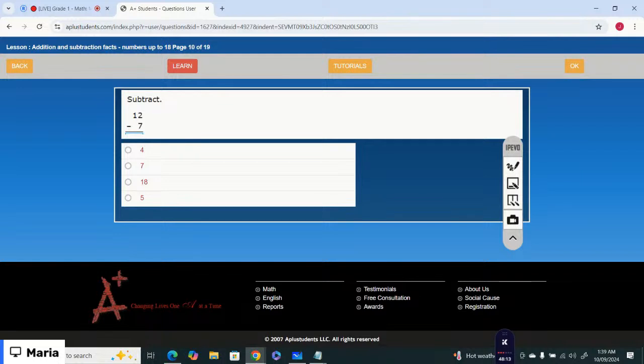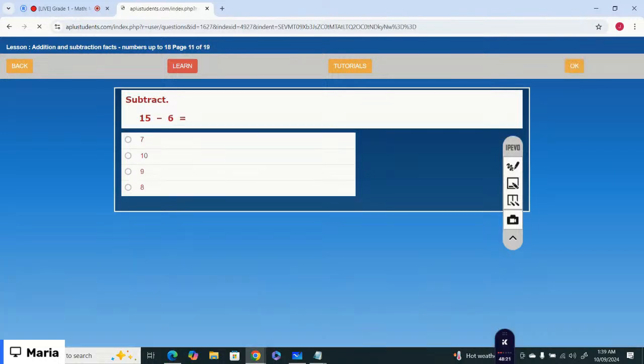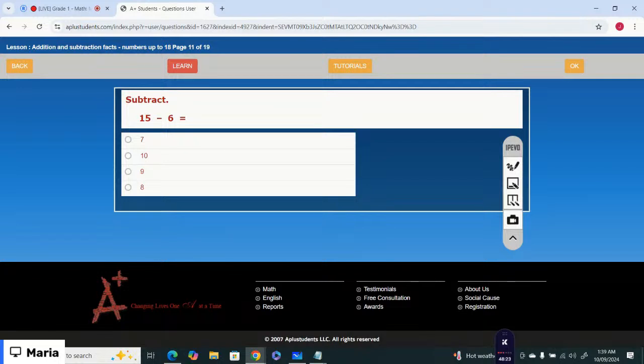Yes, 12 take away 7 is 5. The correct option is 5. The next one is 15 take away 6.